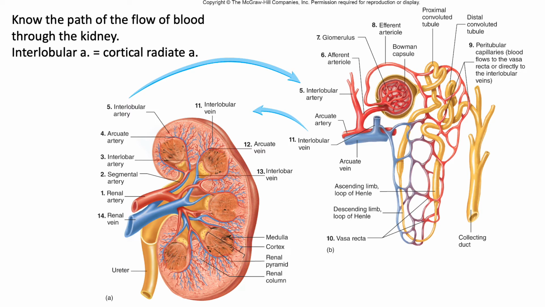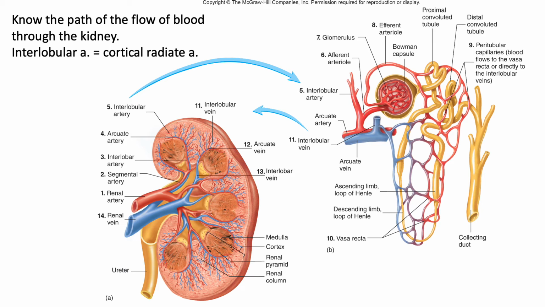So you should know the flow of blood through the kidney, starting with the renal artery, which branches into a segmental artery, which branches into an interlobar artery that surrounds each renal medullary pyramid, forming the boundary between the cortex and the medulla. You have the arcuate artery, and the next branch off the arcuate artery is either the interlobular or, as you saw on the previous slide, the cortical radiate artery.